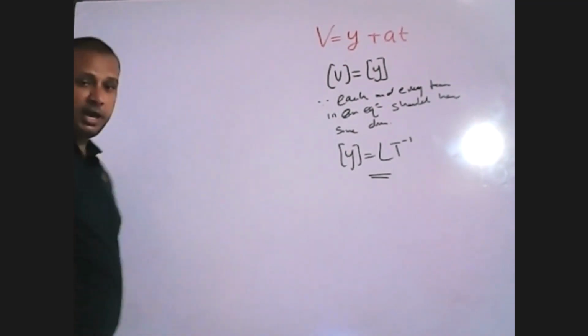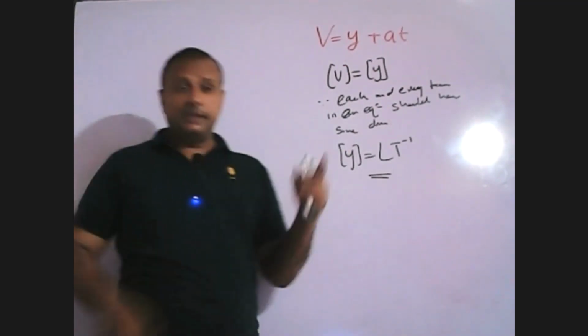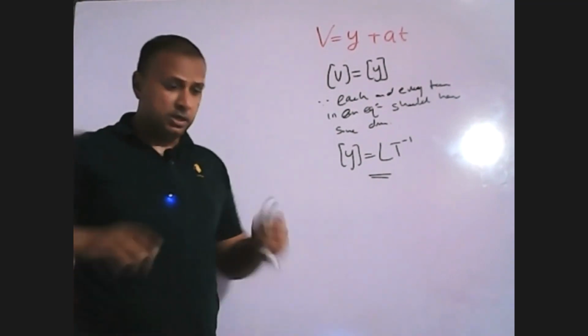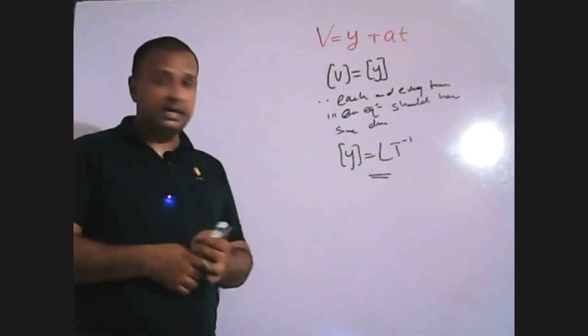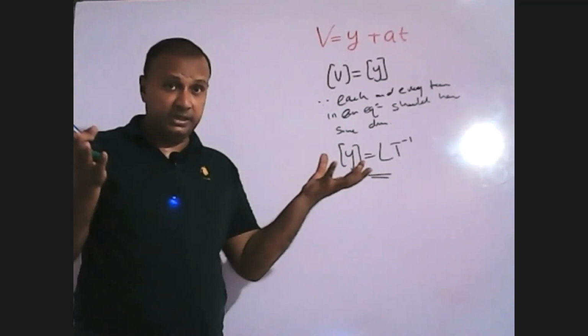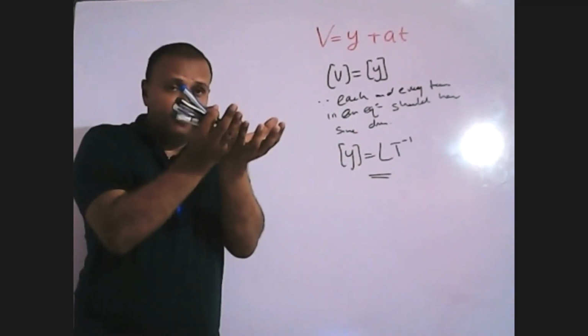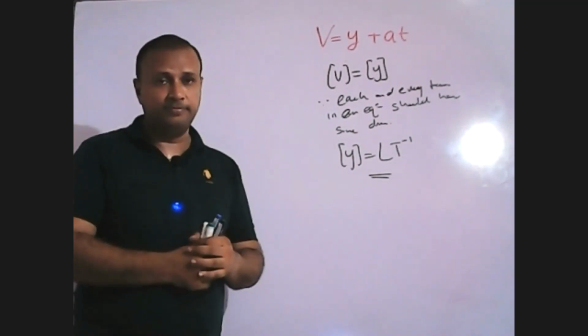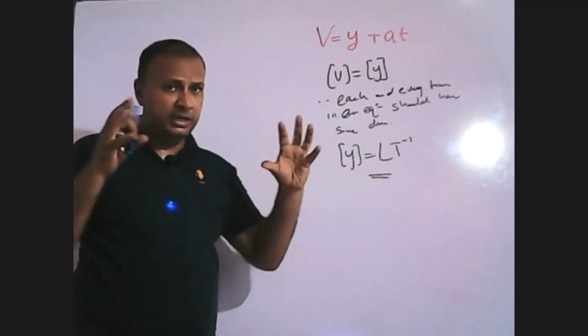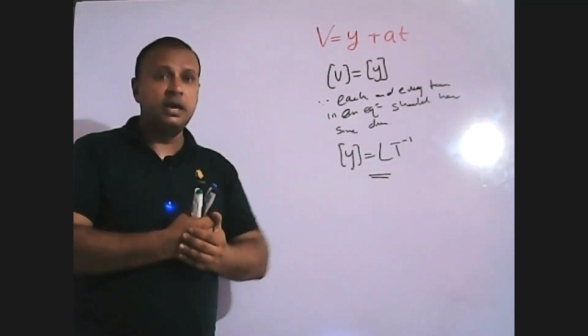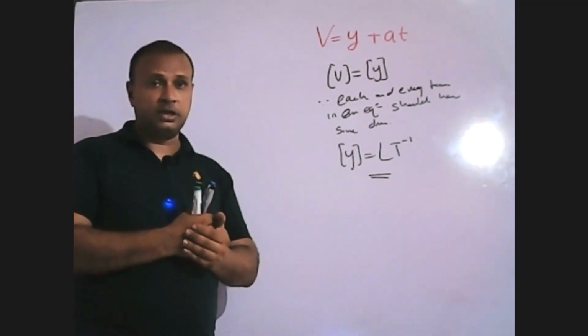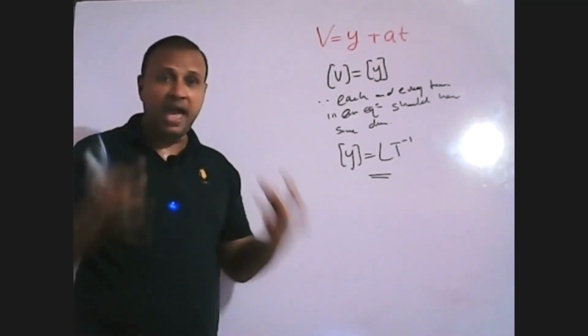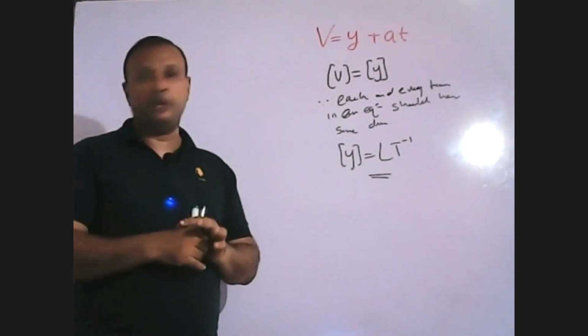The second factor: if there are two physical quantities combined with an addition or subtraction, both should have the same dimension.